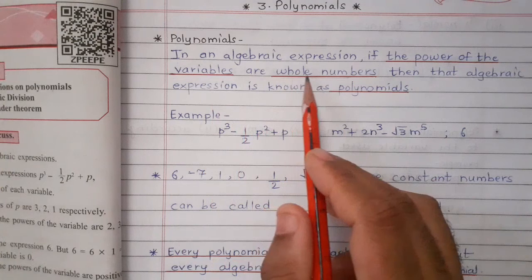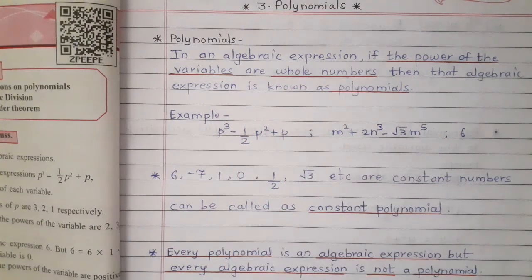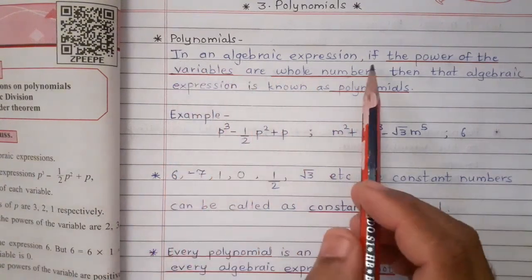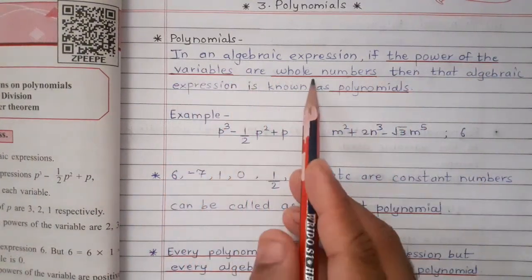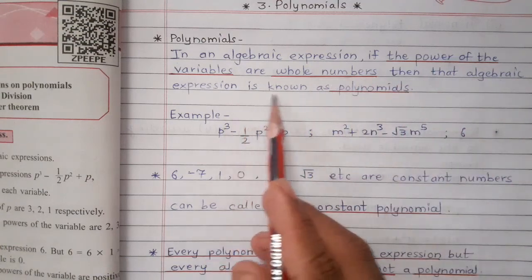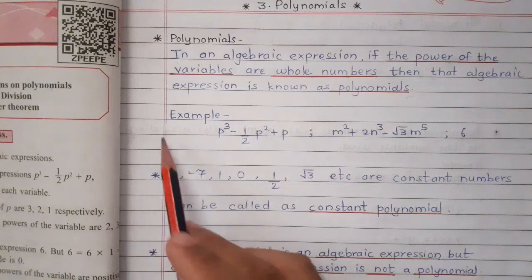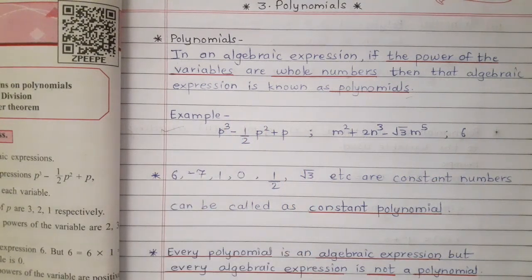Whole numbers means positive integers or 0. We also saw examples of polynomials.